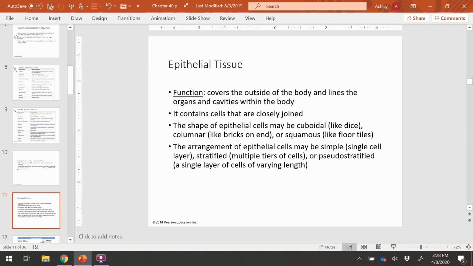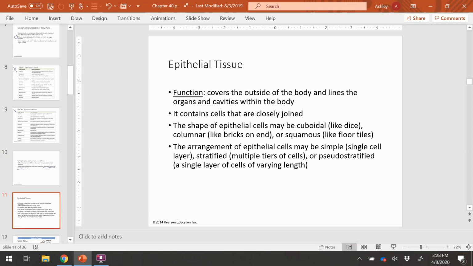This will cover the outside of the body and will line hollow organs and cavities within the body. So essentially it is our skin, and anything that forms a cavity, it will be part of that formation of the cavity. And so different epithelial tissue calls for different structures. And so here we have different cell types.